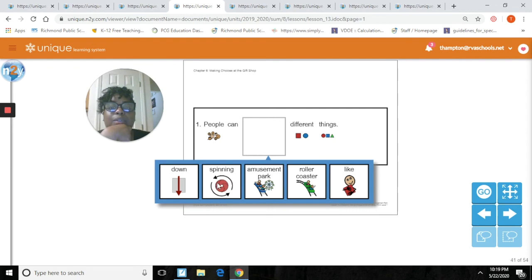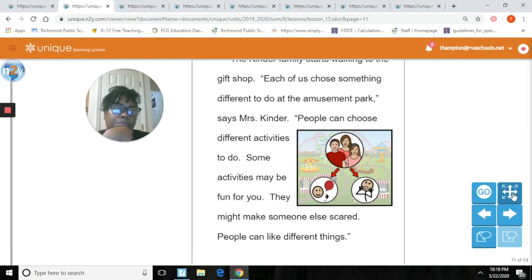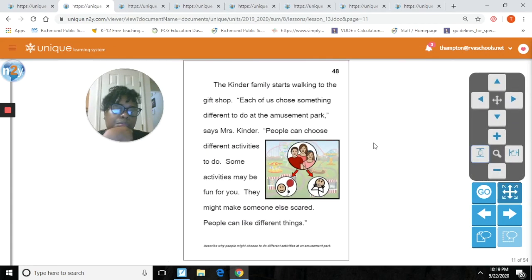Okay? So now what we're going to do is go to our story to help us find the answer. And we see here the Kinder family, they start walking to the gift shop, right?